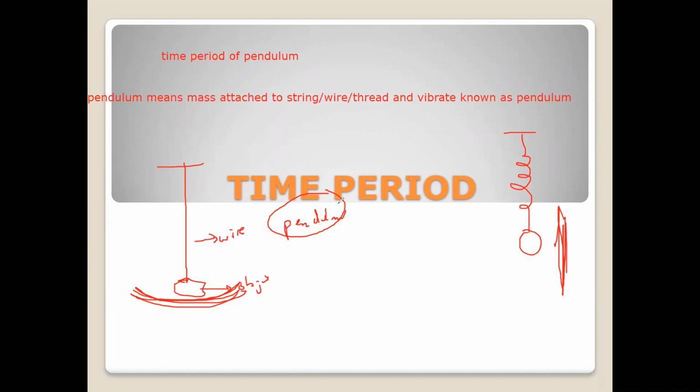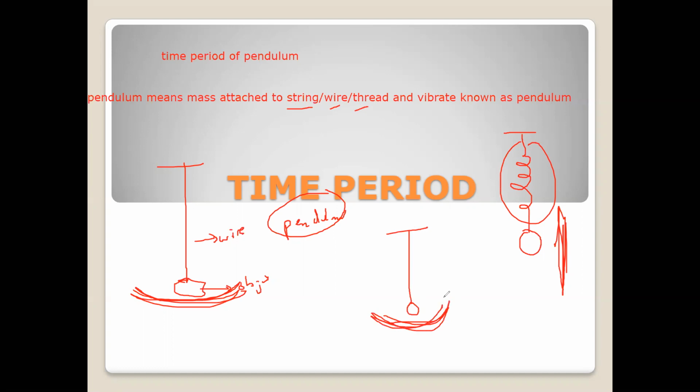To be a pendulum, it should be attached with a string, not a spring, a string, wire or thread, straight. This is vibrating, but this is not a pendulum. The term pendulum refers to an object attached with a string or a wire, and that object is vibrating to and fro.